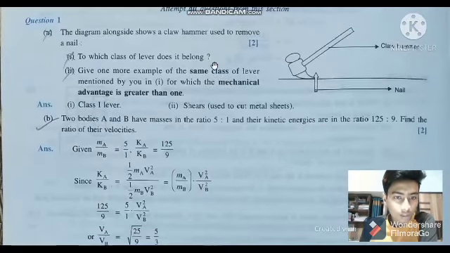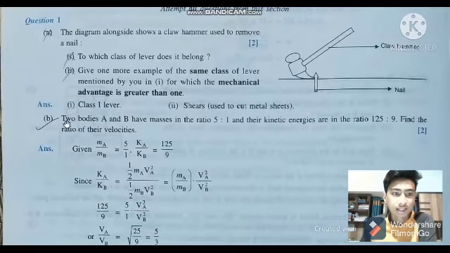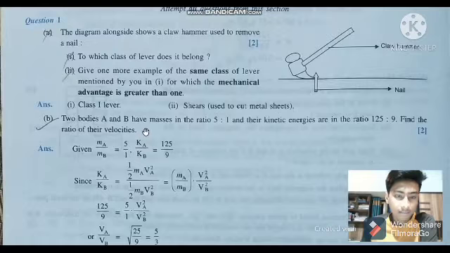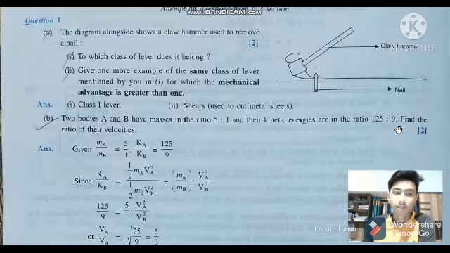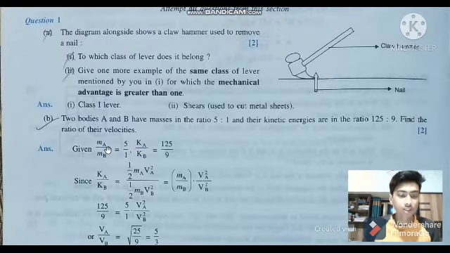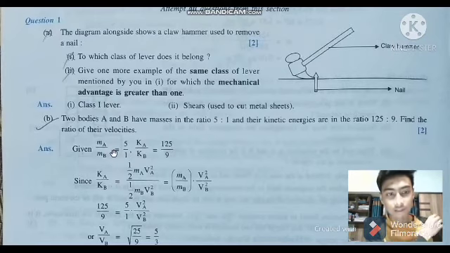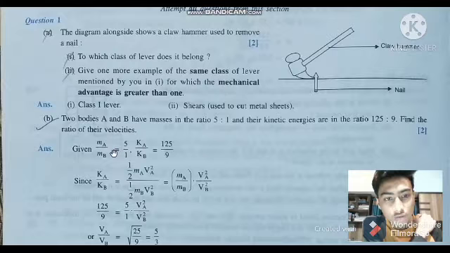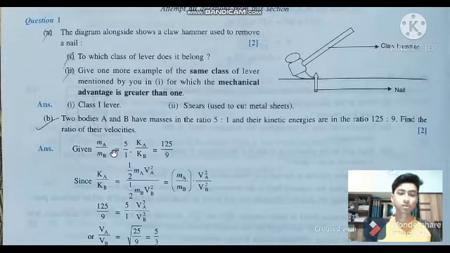Next, question number B states that two bodies A and B have masses in the ratio 5 is to 1, and their kinetic energies are in the ratio 125 is to 9. Find the ratio of the velocities. So given, ma by mb is 5 is to 1, so kinetic energy A upon kinetic energy B would be 125 is to 9.